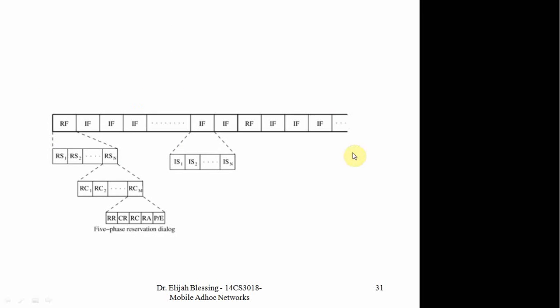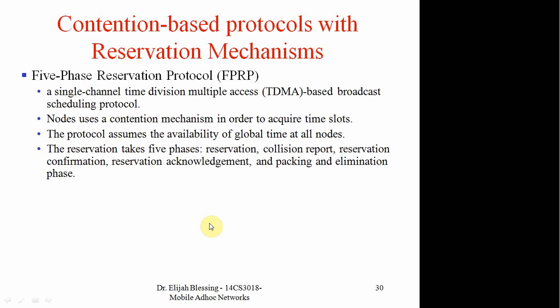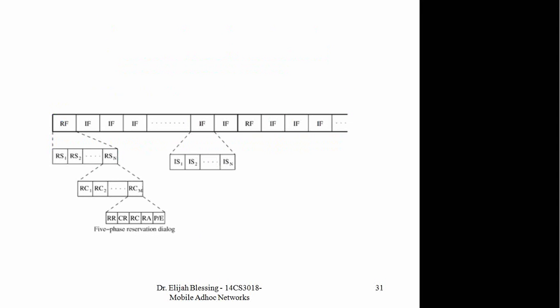Then you have the reservation confirmation phase, then the reservation acknowledgement phase, and then the packing and elimination phase. Now you understood how the reservation slots are divided into different cycles, and in each cycle you have certain phases. There are 5 different phases.